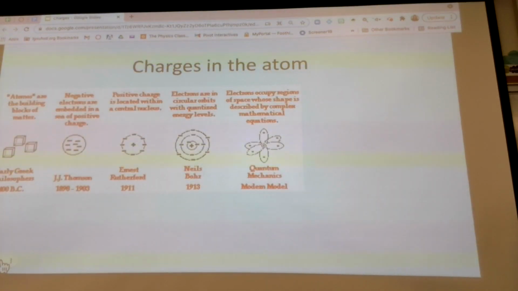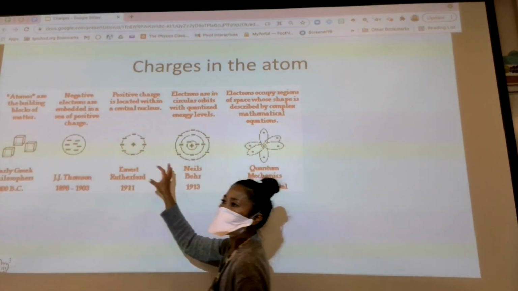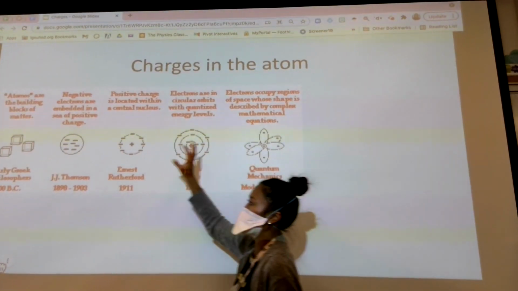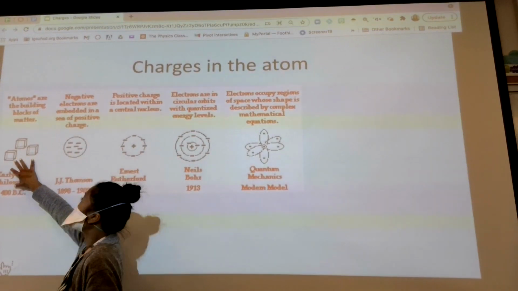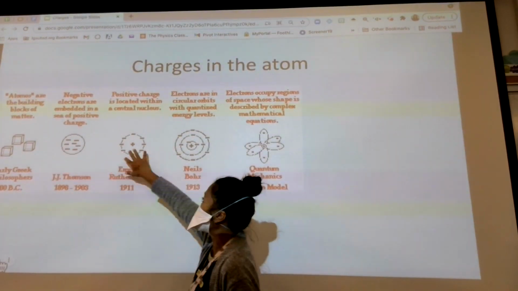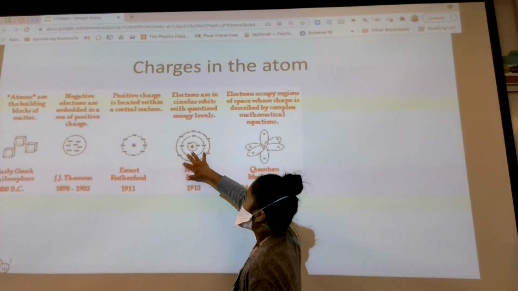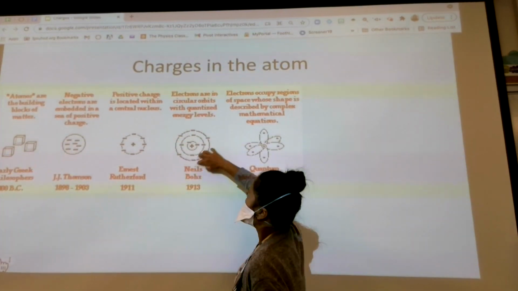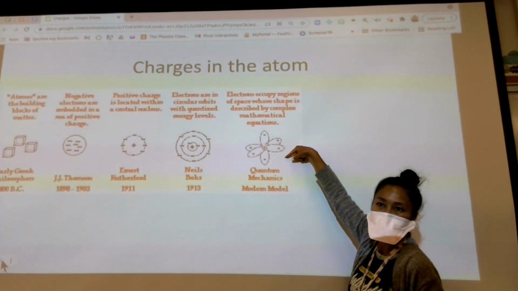So, what happens is the development of how we understand the anatomy of an atom has developed over time. It started off as blocks of matter, which we know is not the case. Then it evolved into having some sort of charge. But now we know that we can have positives and negatives, and it's evolved into these spherical systems into something even more complex like this.